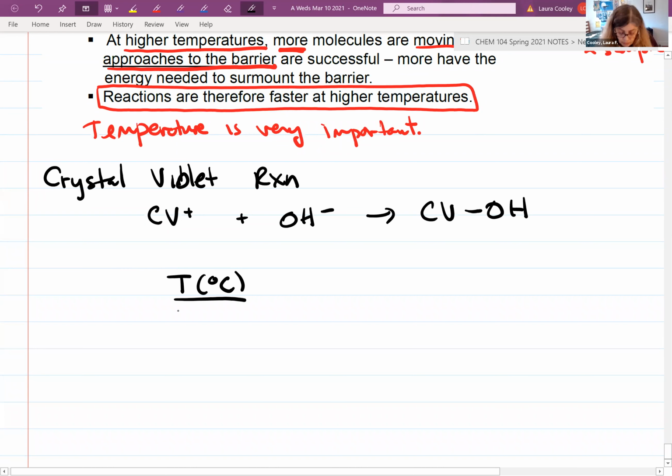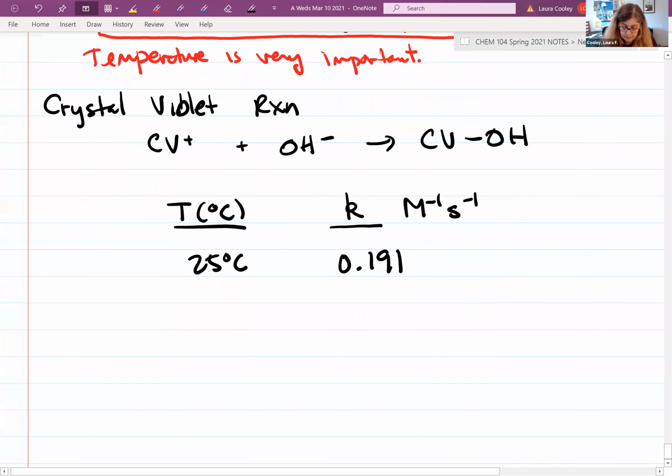The temperature, when it's at room temperature, the rate constant, and this is second order, so it's per molar per second, is 0.191, okay?